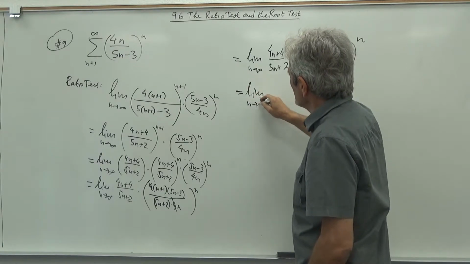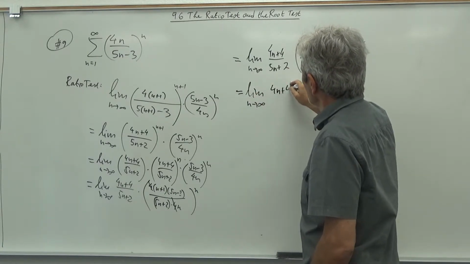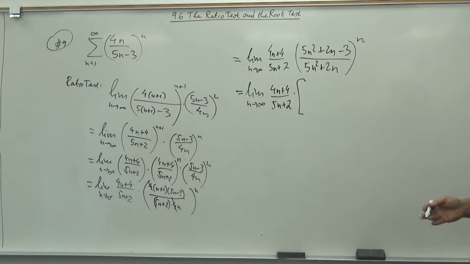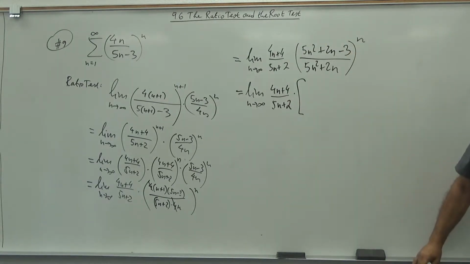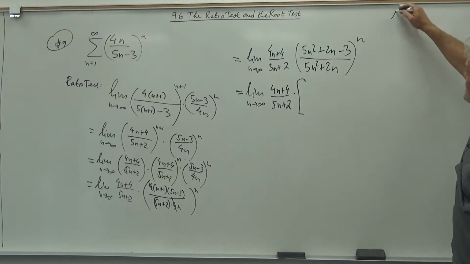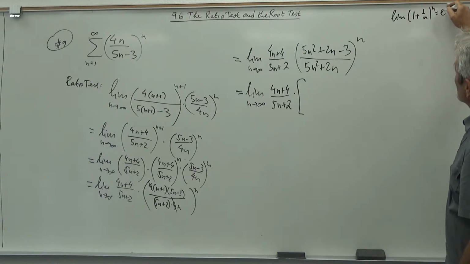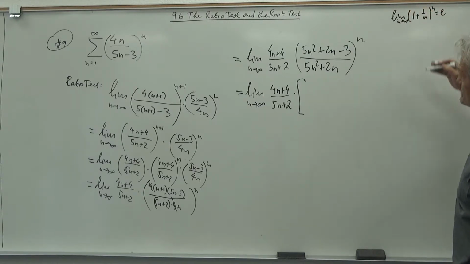Limit when n goes to infinity, (4n plus 4) over (5n plus 2). This looks to me slightly less than 1. So generally, I'd like to play this limit: (1 plus 1 over n) to the n equals e when n goes to infinity.